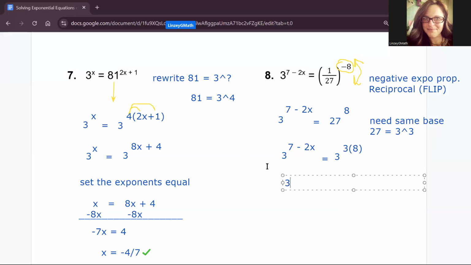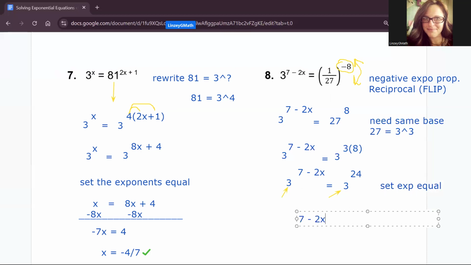And then we'll multiply 3 times 8, and we get 3 to the power of 24. Now our bases are the same, 3 and 3. So we can set the exponents equal. 7 minus 2x is equal to 24.